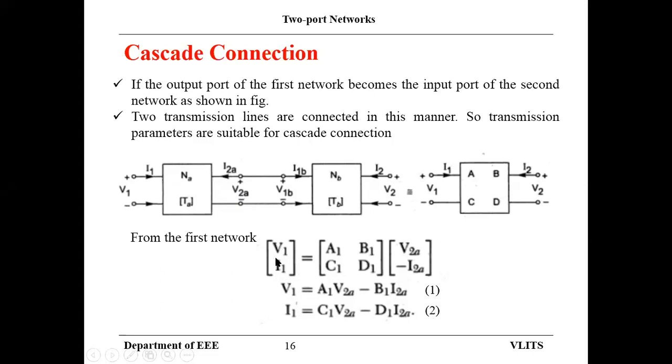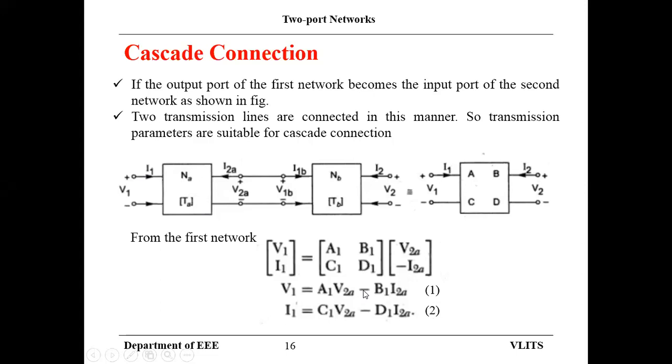If you see the directions, I1 is towards the network and I2A is also towards the network, so both are in opposite directions. Because I have considered the direction of I1 as the reference, I2A is in the reverse direction with respect to I1.